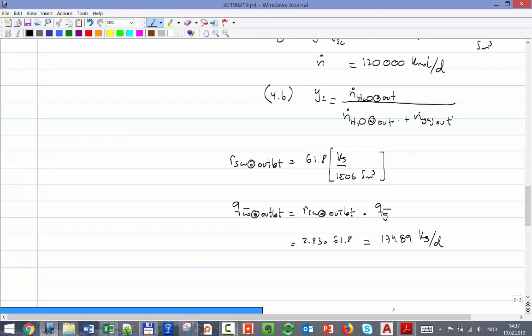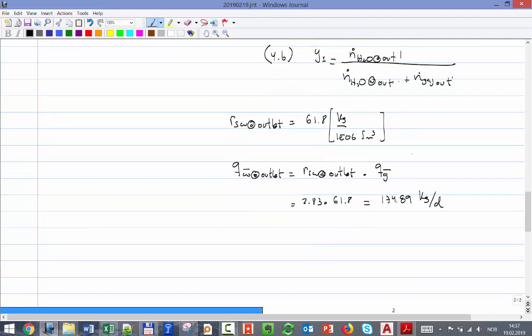But I need not the mass rate, I need the moles, the molar rate. How do I convert from mass rate to molar rate? Simply by dividing by the molecular weight. And this should not be Q but M, because it's a mass flow. So the number of moles of water at the outlet will be the mass flow of water at the outlet divided by the molecular weight of water.